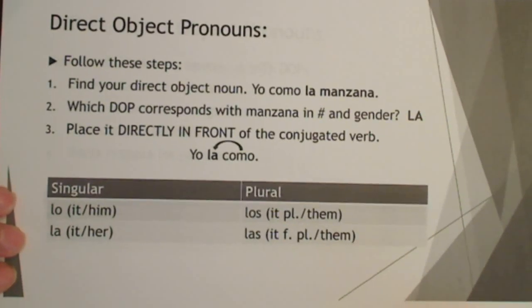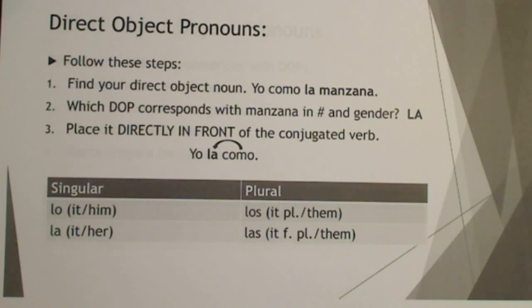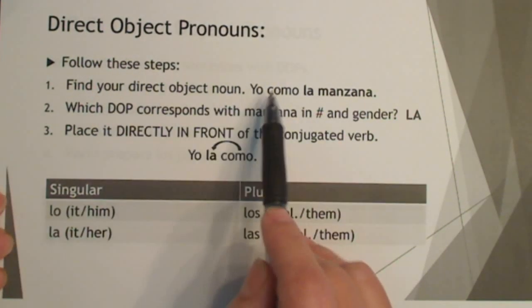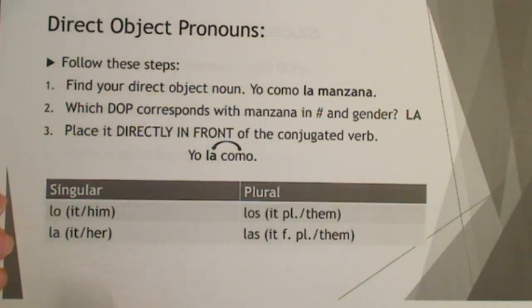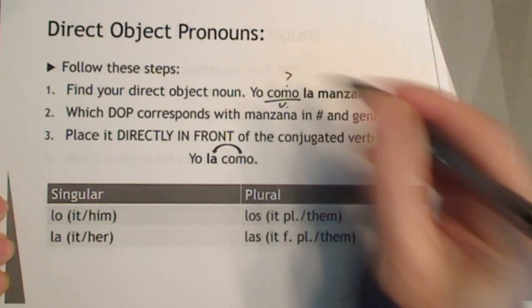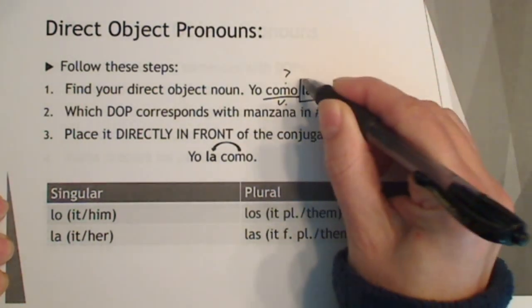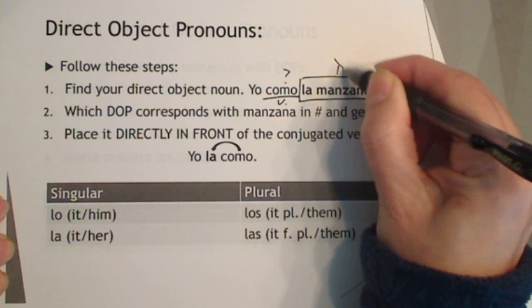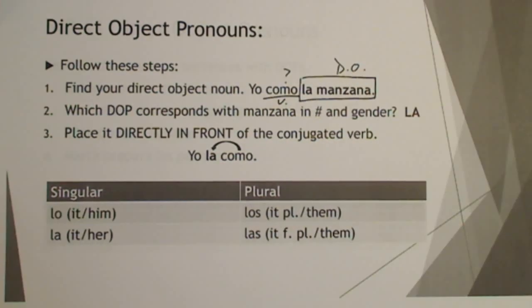All right, so you follow these steps, and this is the important part. You're going to find your direct object noun. So I eat the apple. Remember, here's your verb. What is it that you're eating? The apple. So the apple is your direct object. But I don't want to say I eat the apple. I want to say I eat it.